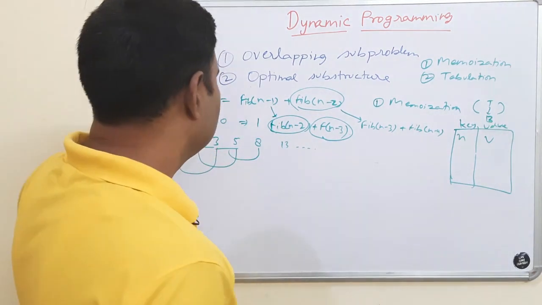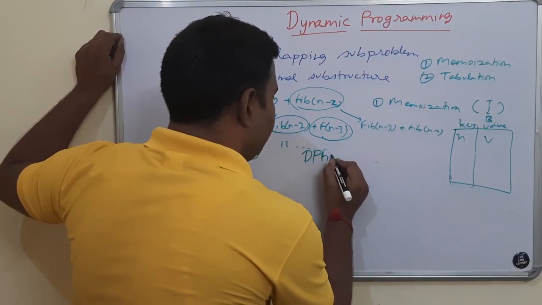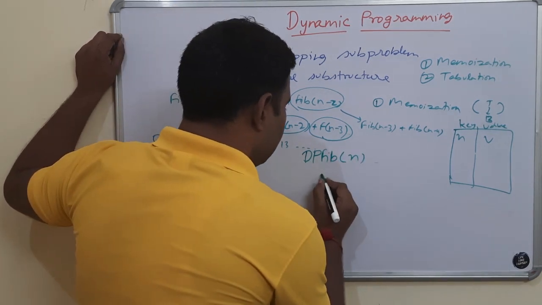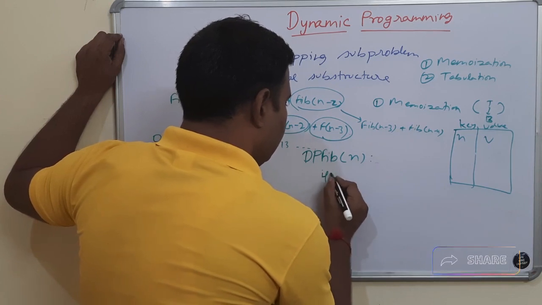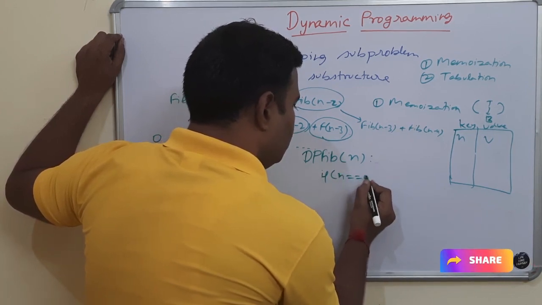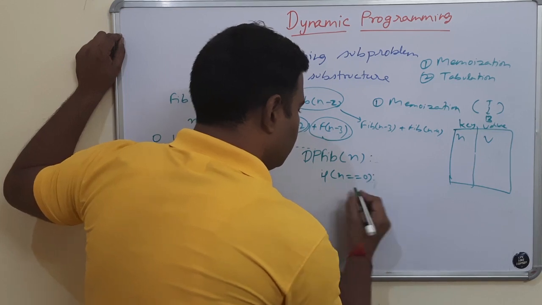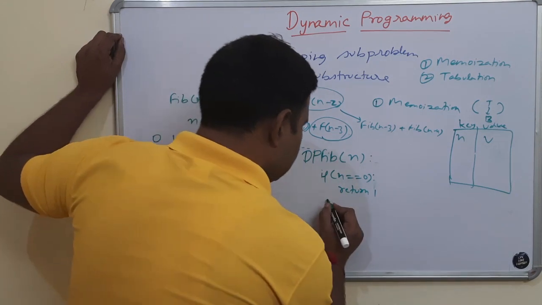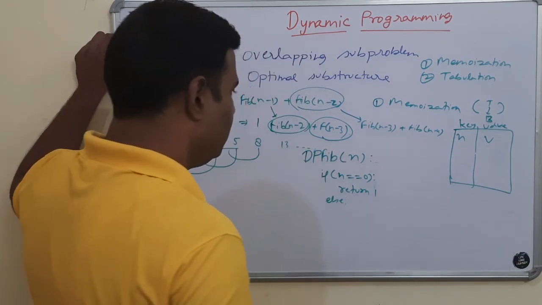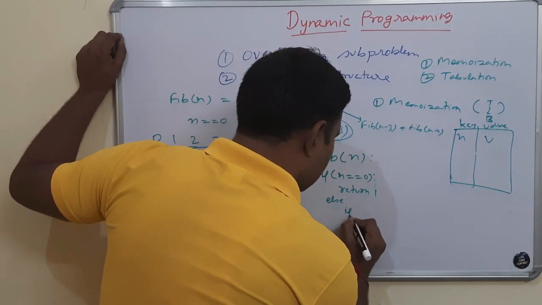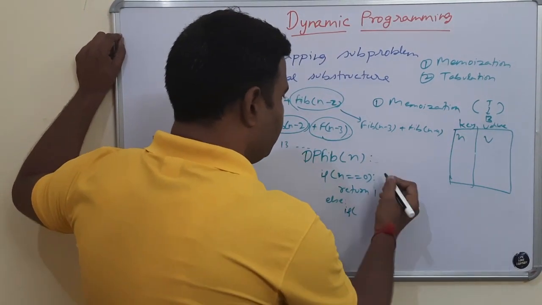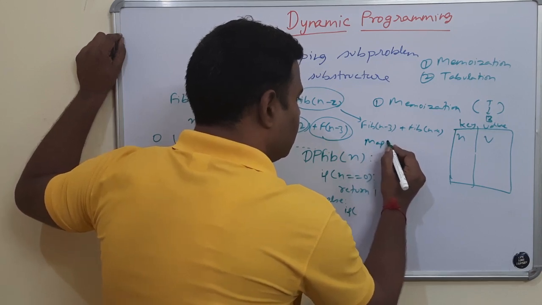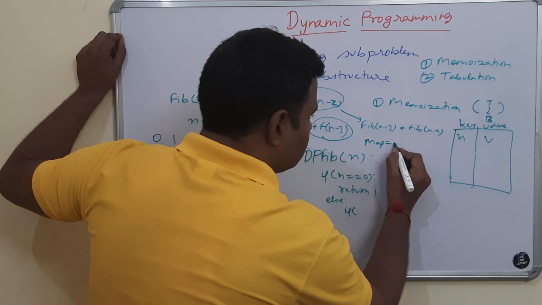Let's write the code. So dp of fib of n, here we check if n equal to 0, return 1, else what you have to do, first check if, and consider this is a map and we are taking it as a global variable, or a new map, let's use this way.